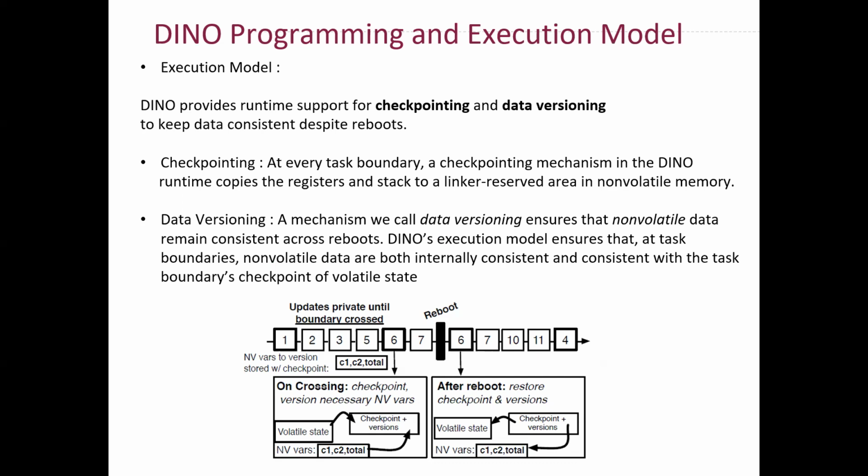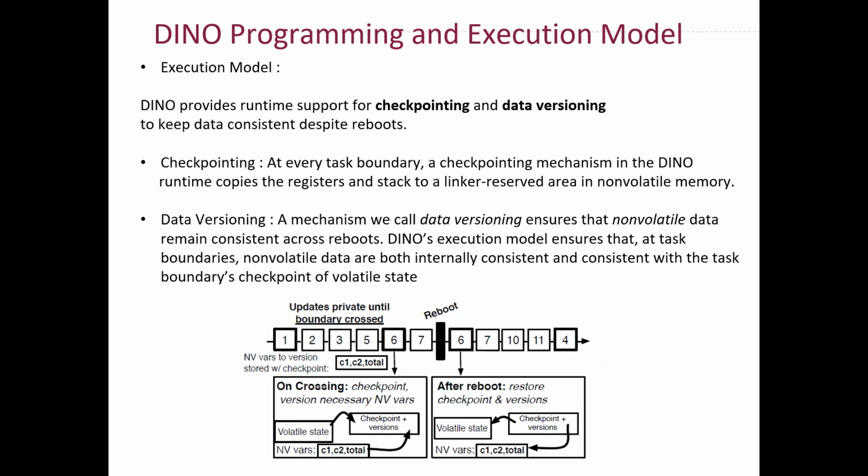So a mechanism ensures that non-volatile data remains consistent across reboots. And DINO's execution model ensures that at task boundaries, non-volatile data are both internally consistent and consistent with the task boundary's checkpoint of volatile state.